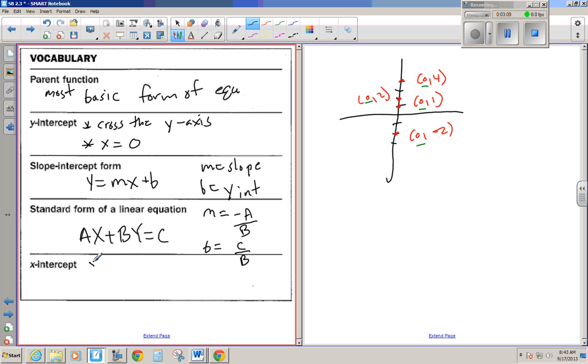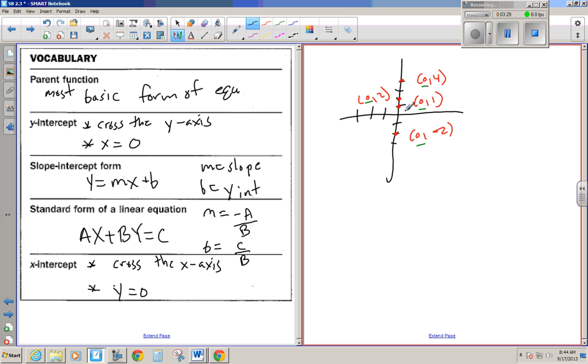The x-intercept, it's where it crosses or intersects the x-axis, which hopefully then you could assume that y equals 0 in the x-intercept. So here is the x-axis.